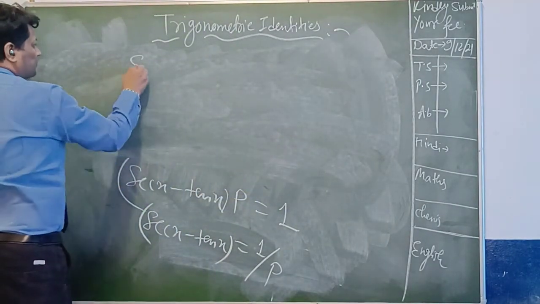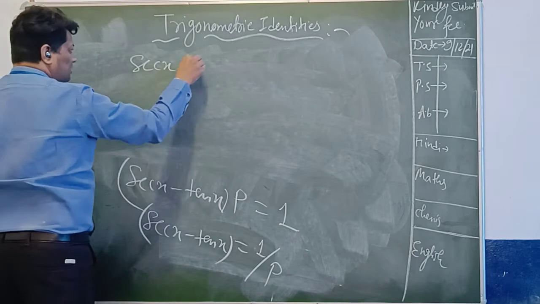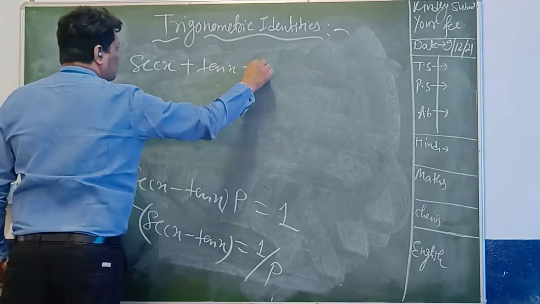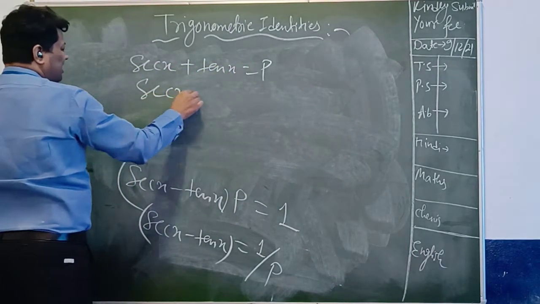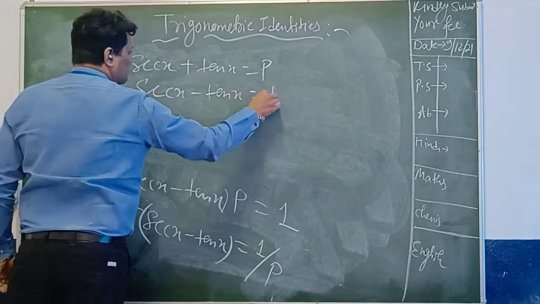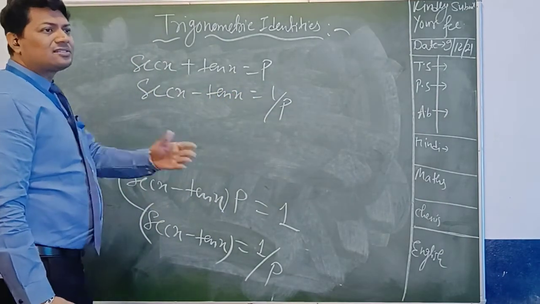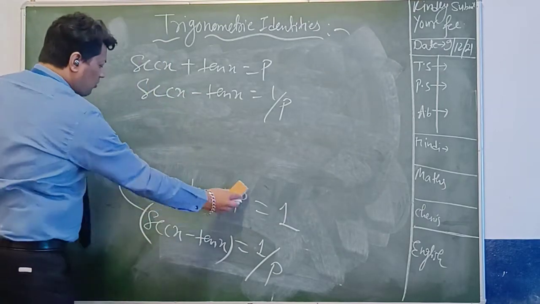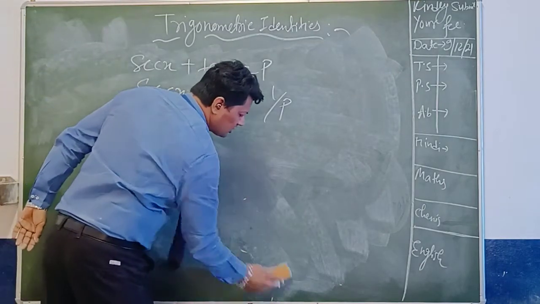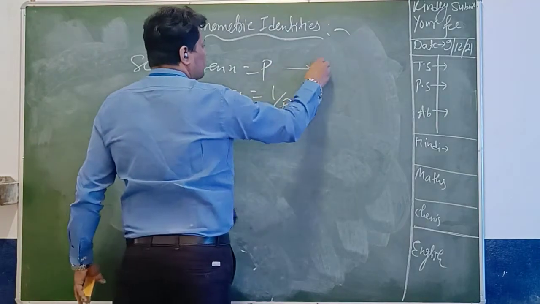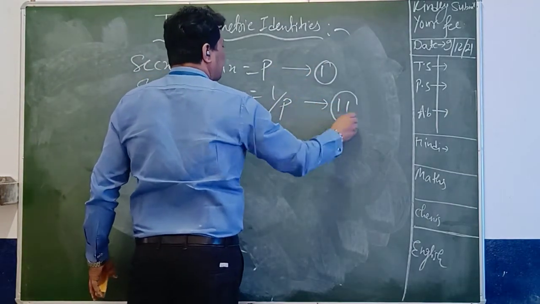We have sec x plus tan x equal to p, and we have sec x minus tan x equal to 1 by p. Here we have to find the value of sec x, tan x, and sin x. So we have two equations, equation number first and equation number second.